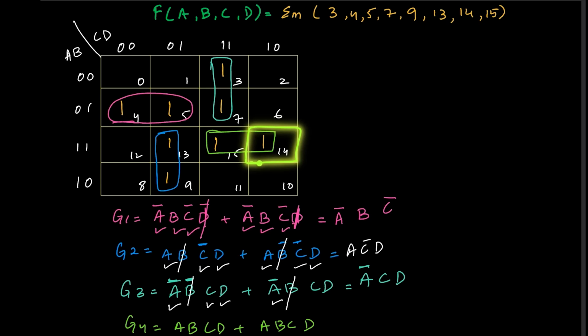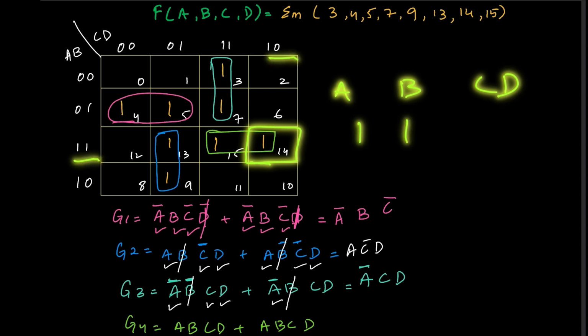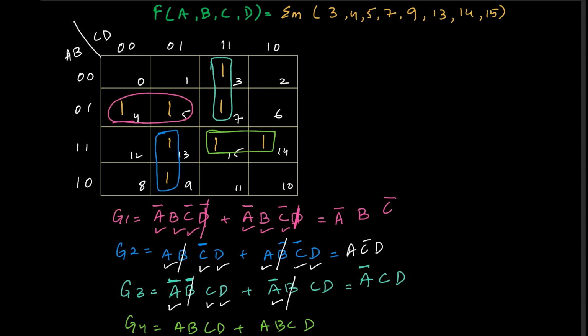Then check the second cell, A, B, C, and D, which says 1, 1, 1, 0, which means bar on D. Again, D is the only alphabet which changes from bar to non-bar. So we will write the common alphabets in both, A, B, C.